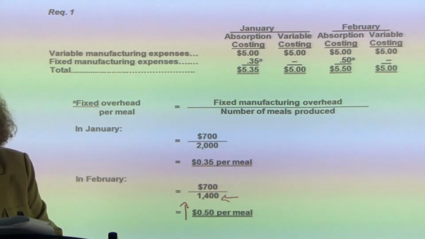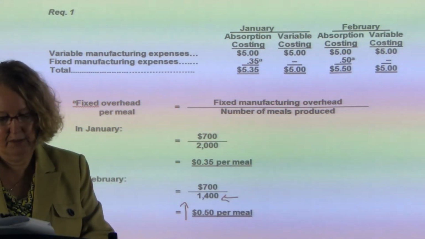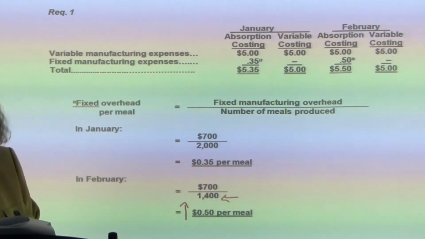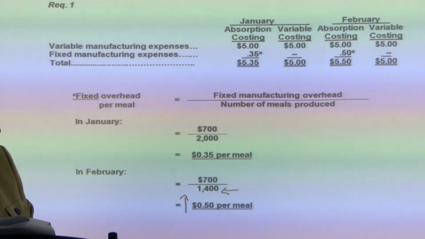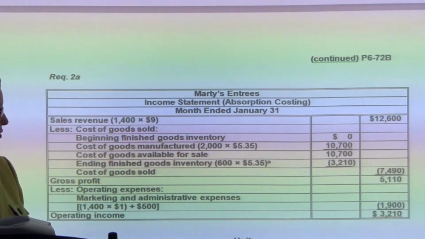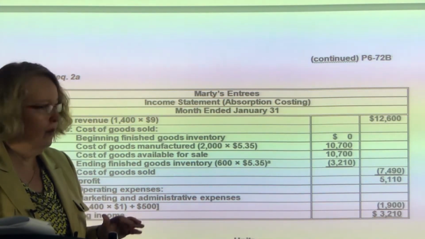So requirement 2 is asking us to prepare the income statements for January and February using absorption and variable costing. So our sales revenue: in January, you are looking at your sales.